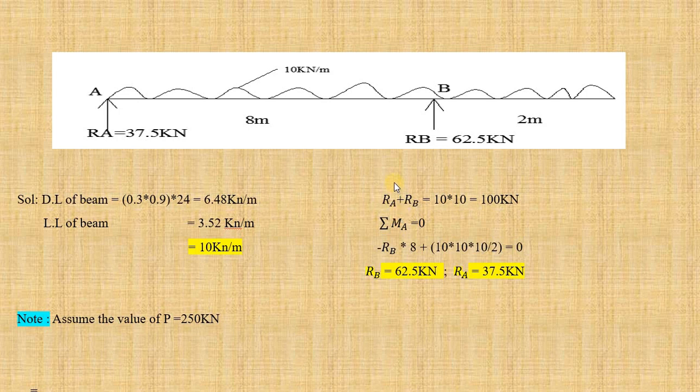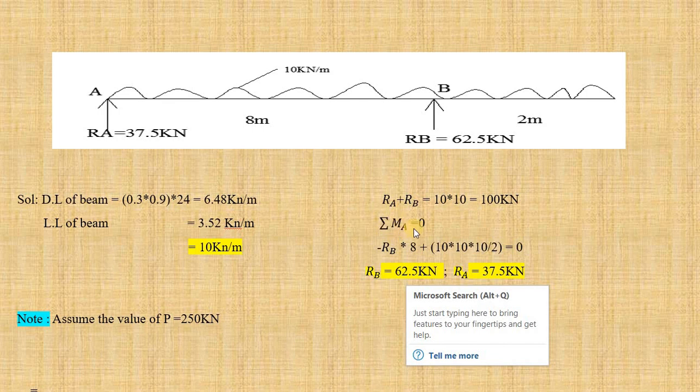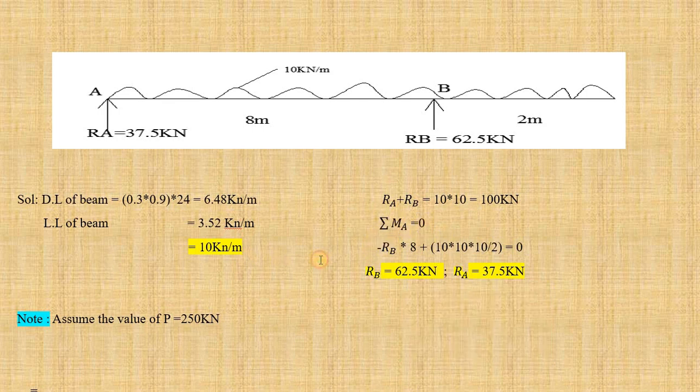So further I can consider one more condition of equilibrium, that is sigma M equal to 0. I am taking moment about A as 0. If I consider moment at this point as 0, I am considering the right side portion of it. So RB is rotating in an anti-clockwise direction, so it is minus RB into 8.